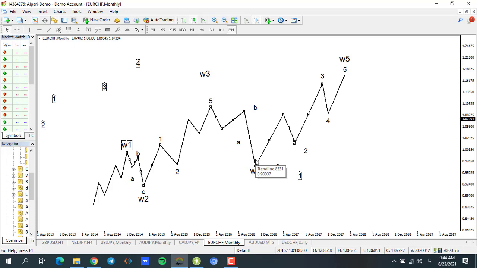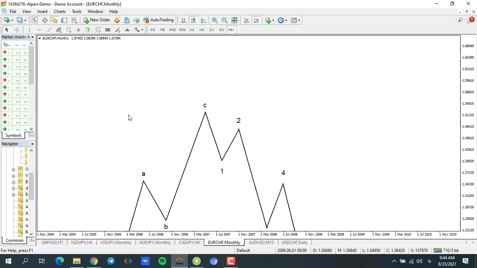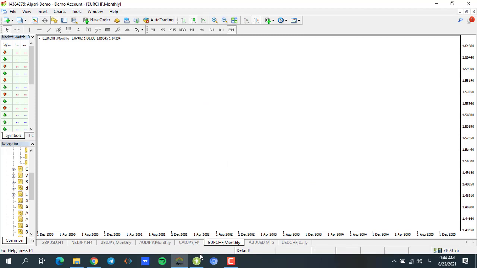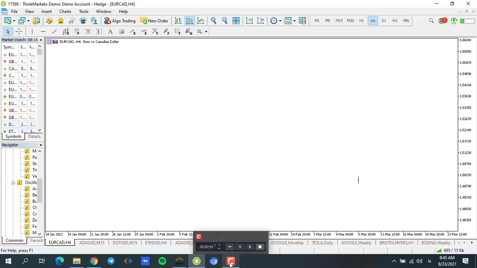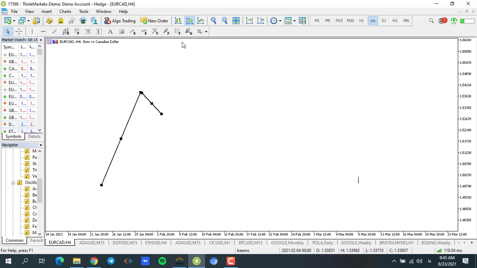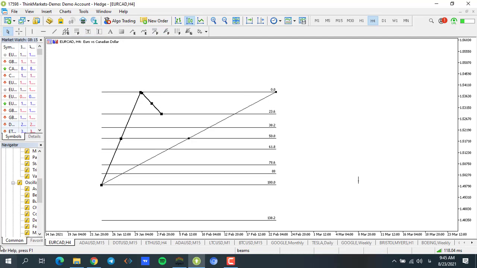So how do we detect a terminal pattern before it's formed? The first time that we think that it may be a terminal pattern is where our second wave, here we have our first wave, then we draw Fibonacci for our first wave.